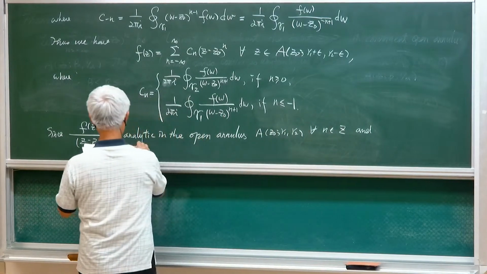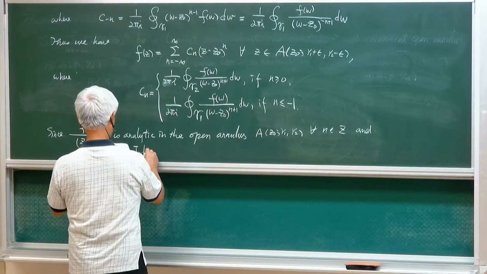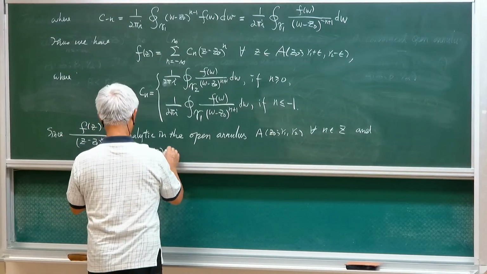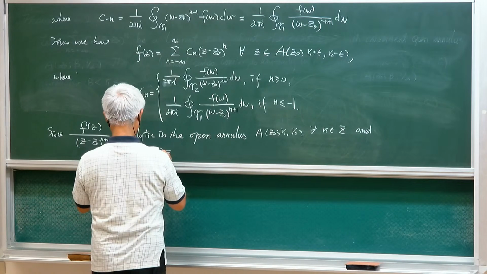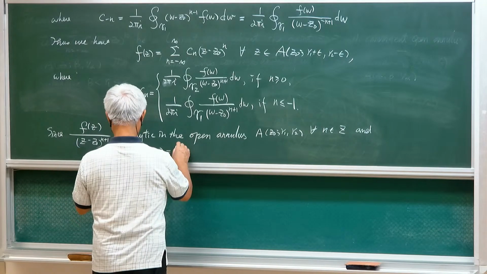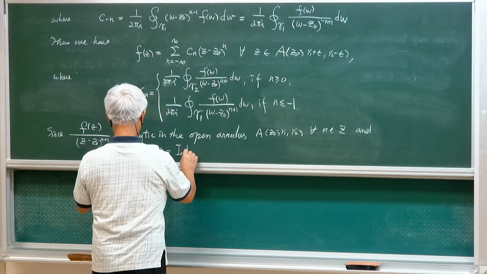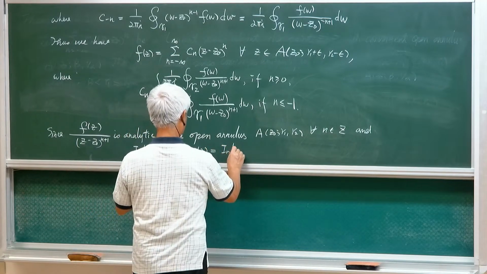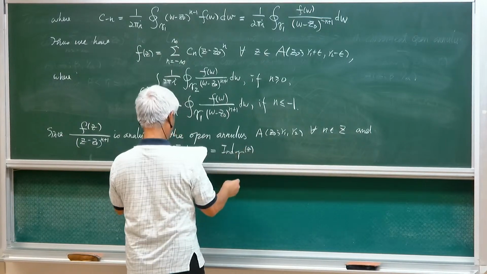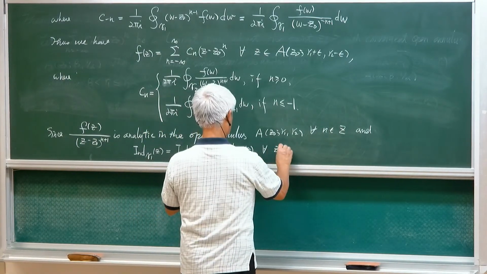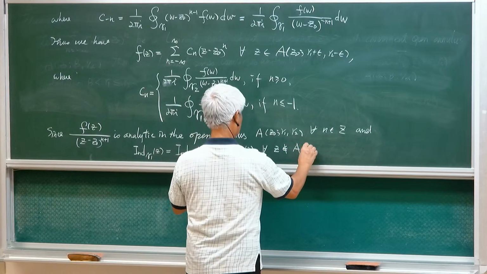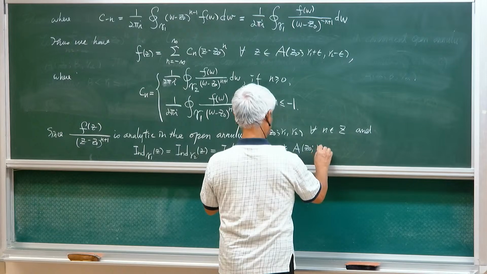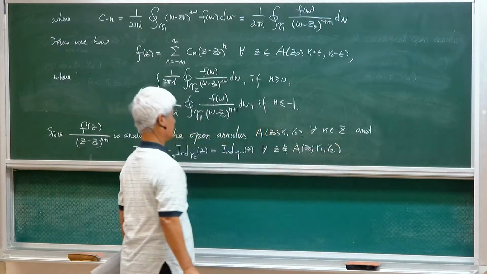Then we will look at the index of gamma 1 with respect to z and the index of gamma 2 with respect to z, which is equal to the index of any gamma I will describe, for all z not in the yellow open annulus.